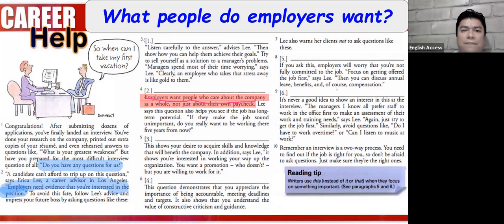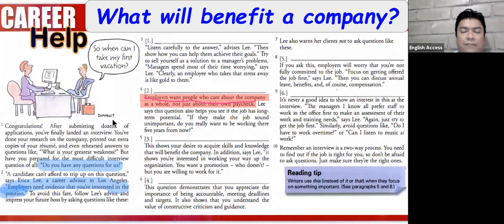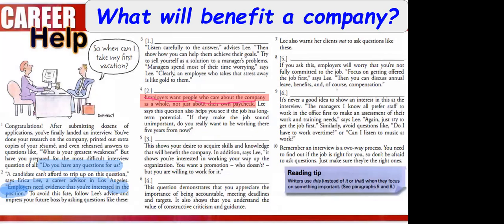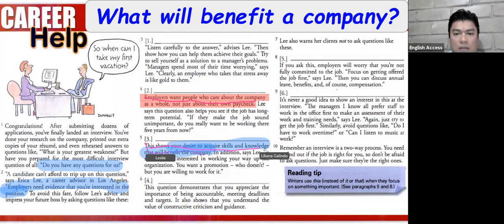Let me see. 1 more minute for the next question. According to the article, what will benefit a company? 1 minute on the clock, go. Yes, very good.